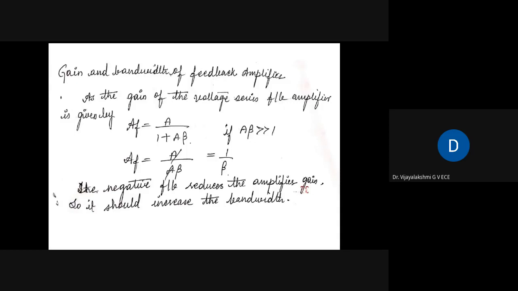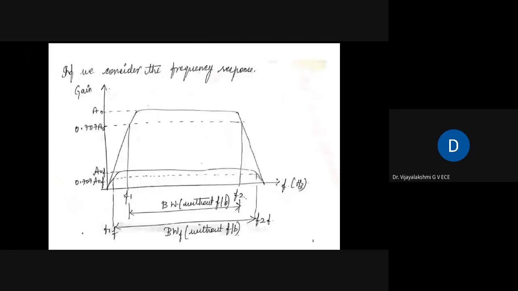Okay, so to understand that, let us take the frequency response of the amplifier. What is frequency response? It's very simple. Frequency response is nothing but a plot of gain versus frequency. See, when you design an amplifier, you'll be giving the input signal for amplification, and those signals will have some frequency, right?